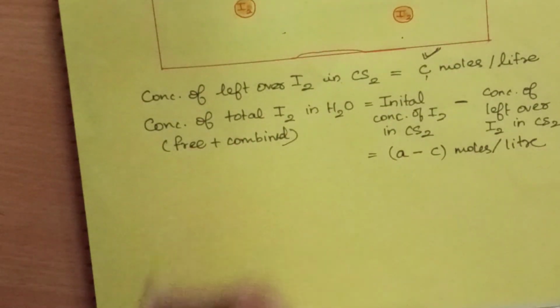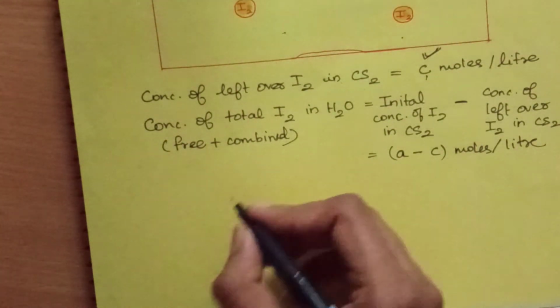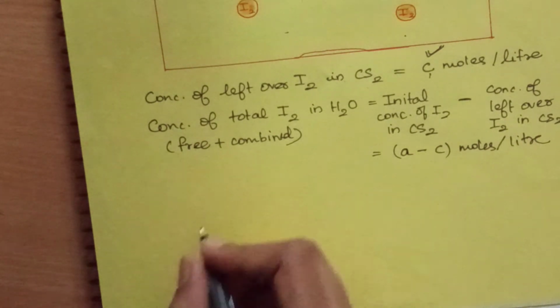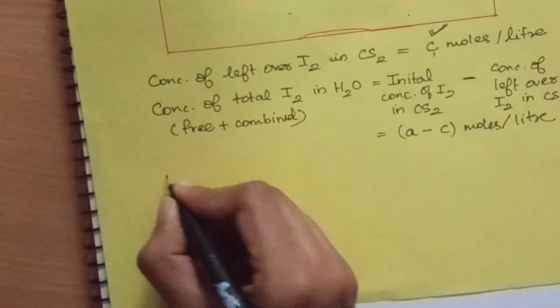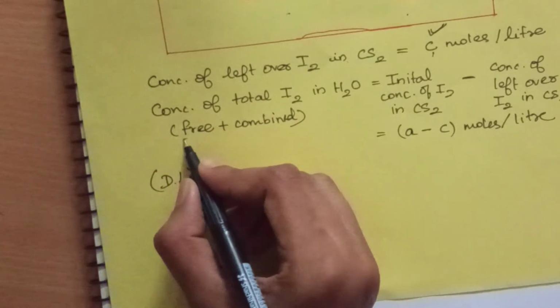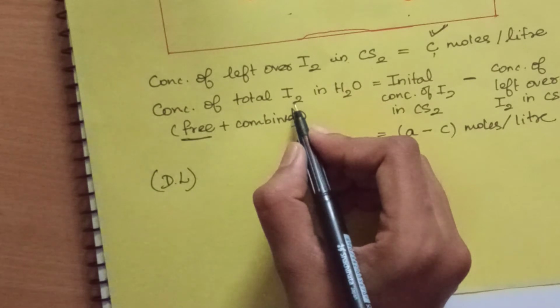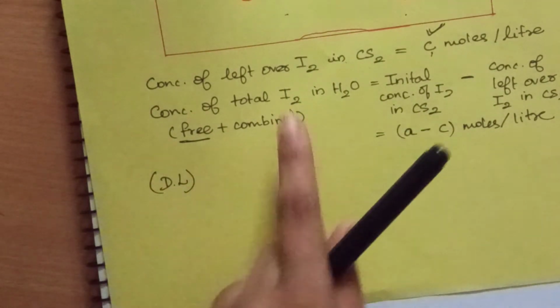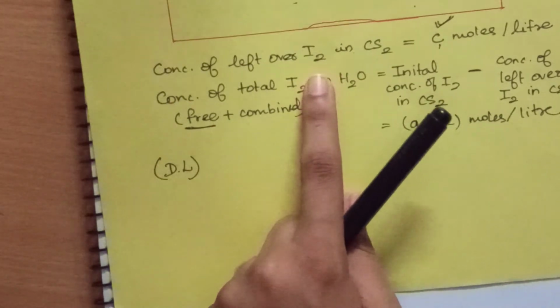Right. The next step is to apply the distribution law in order to find the concentration of only the free iodine, since you have the leftover iodine here, right?